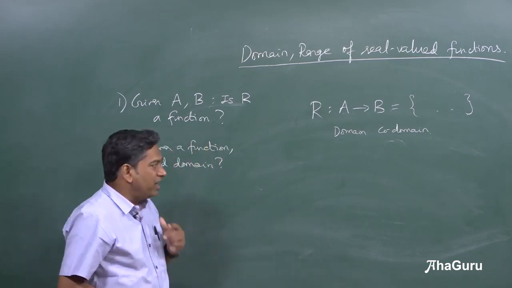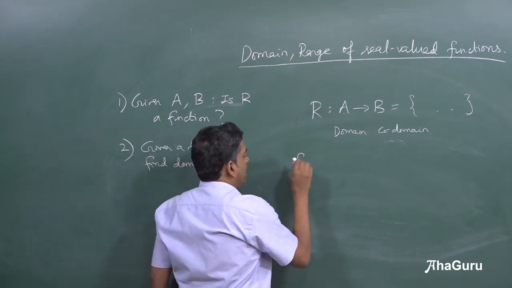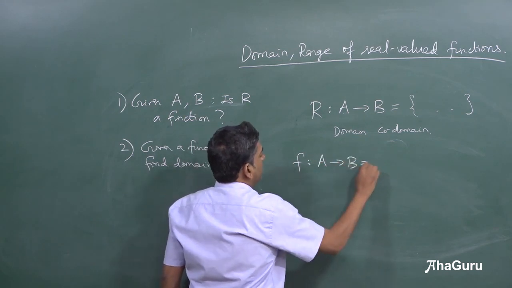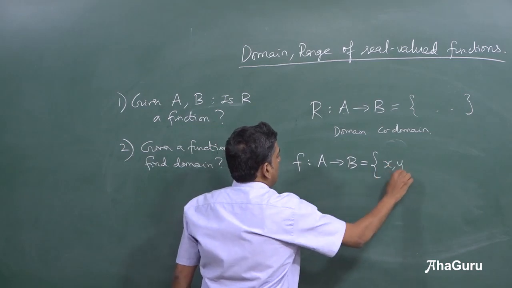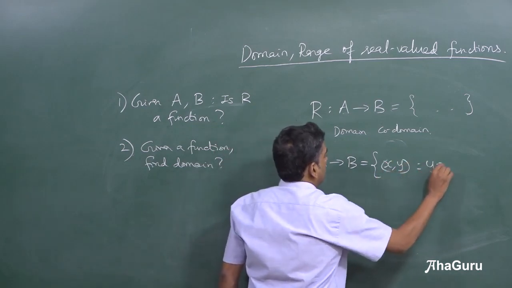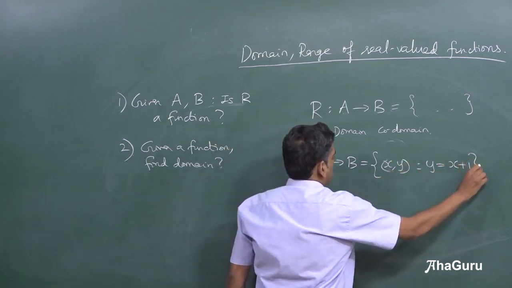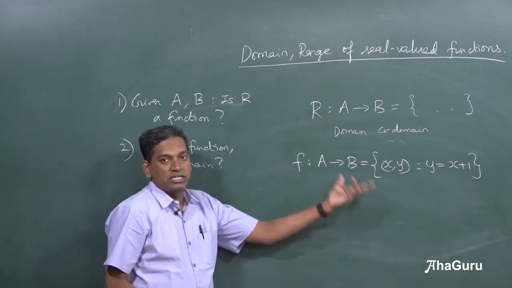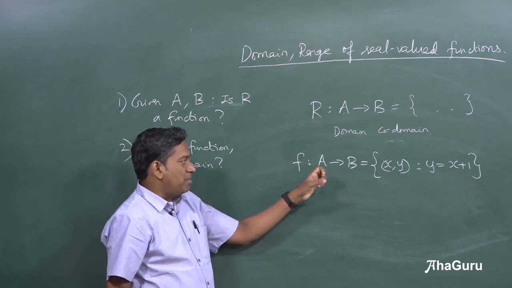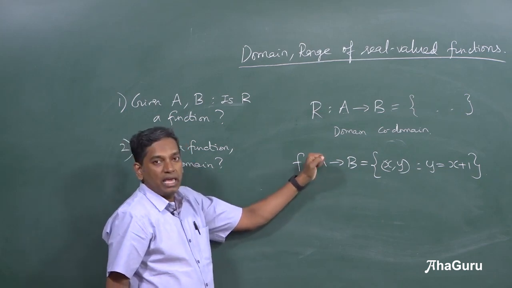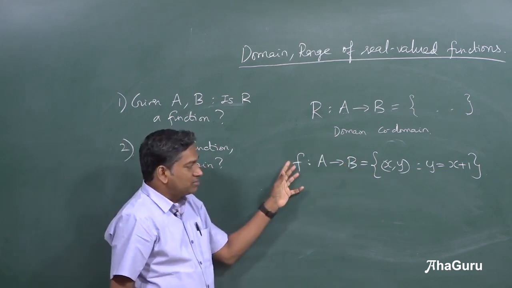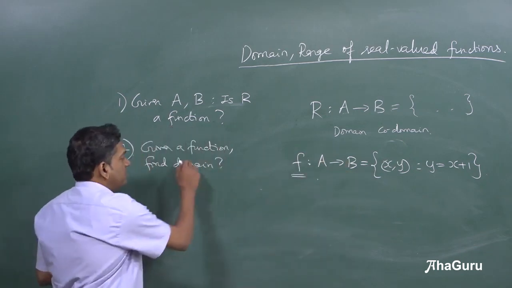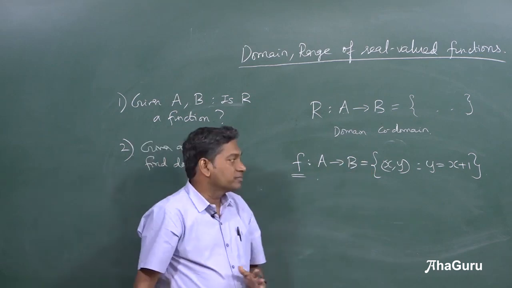It's a little weird. For example, suppose I say f is a function from A to B, x comma y, such that y is equal to x plus 1, and suppose I ask what is the domain of this function, as in come up with sets for A and B such that this will become a function, because I have already told you that f is a function.